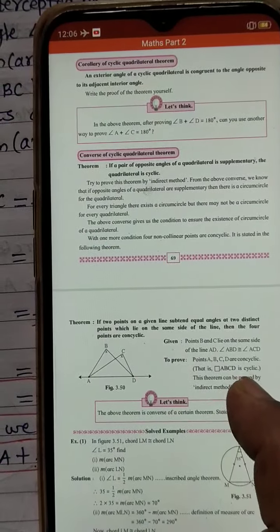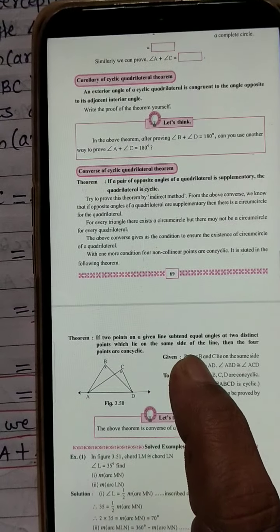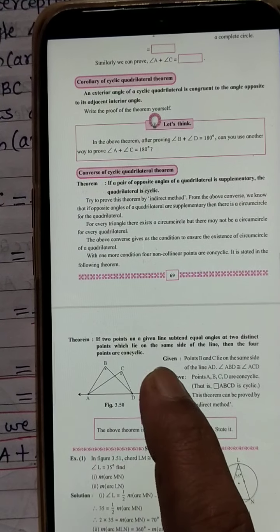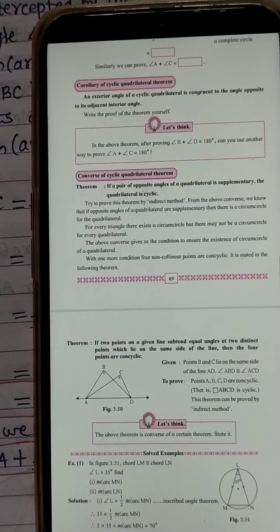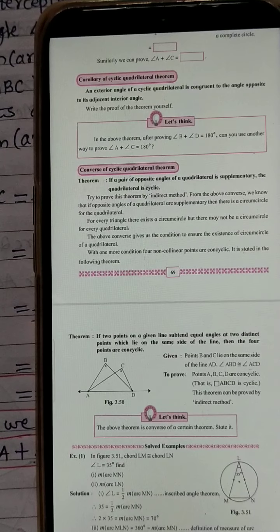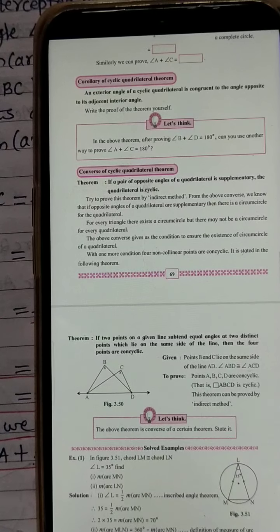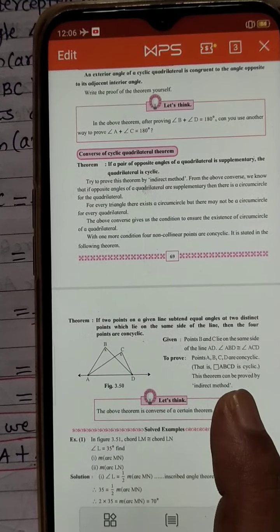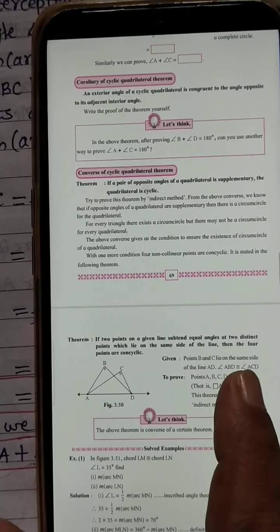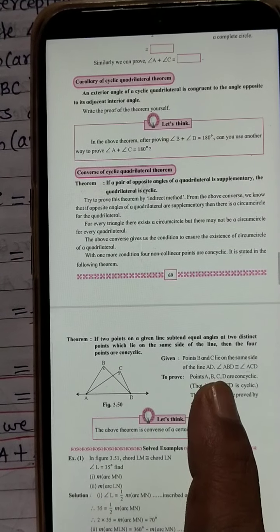Here, 2 points on a given line means the line is AD and the 2 points are B and C here, subtend equal angles at 2 distinct points which lie on the same side of the line, then the 4 points are concyclic.